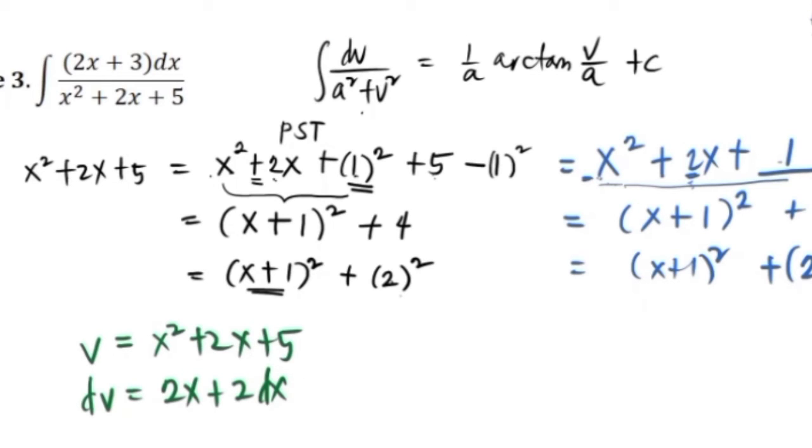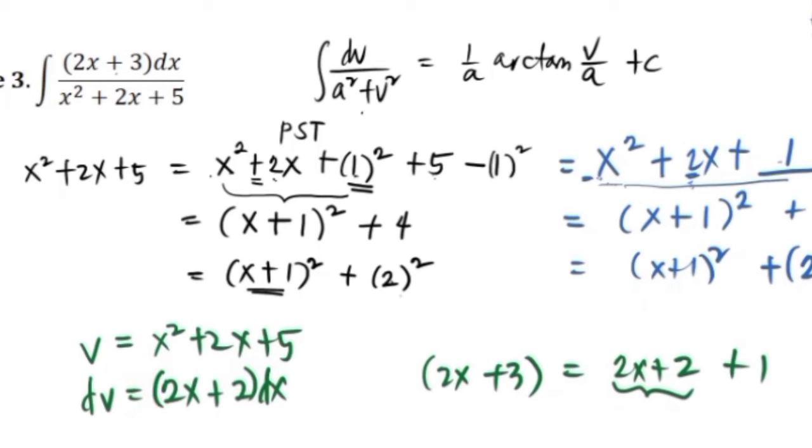So, since meron tayong 2x plus 3 dito, meaning, pwede natin siyang i-express yung 2x plus 3 into (2x plus 2) plus 1. Itong part na 2x plus 2, ito kasi yung kailangan natin dito.